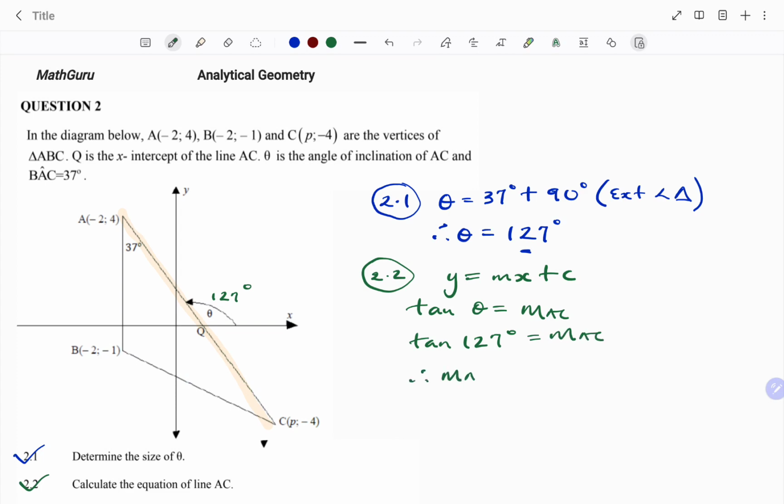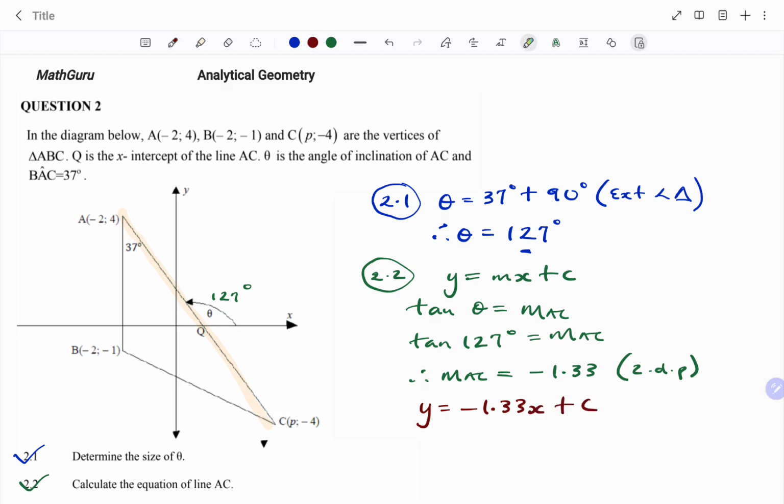Therefore, m_AC is equal to, if I punch in the tan of 127 degrees, going to give me -1.33 to 2 decimal places. So therefore, my equation becomes y equals -1.33x plus c.